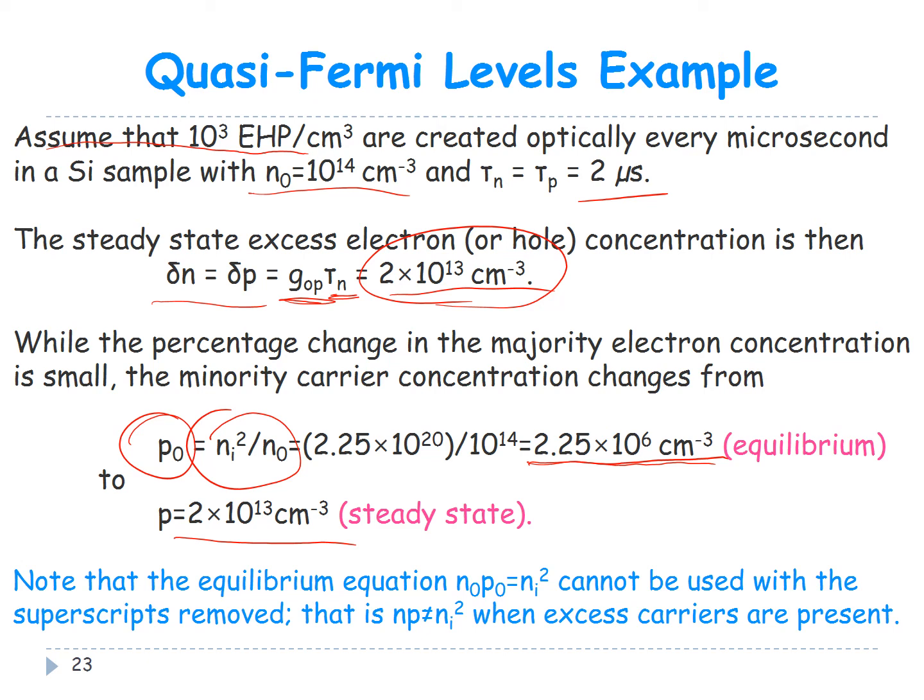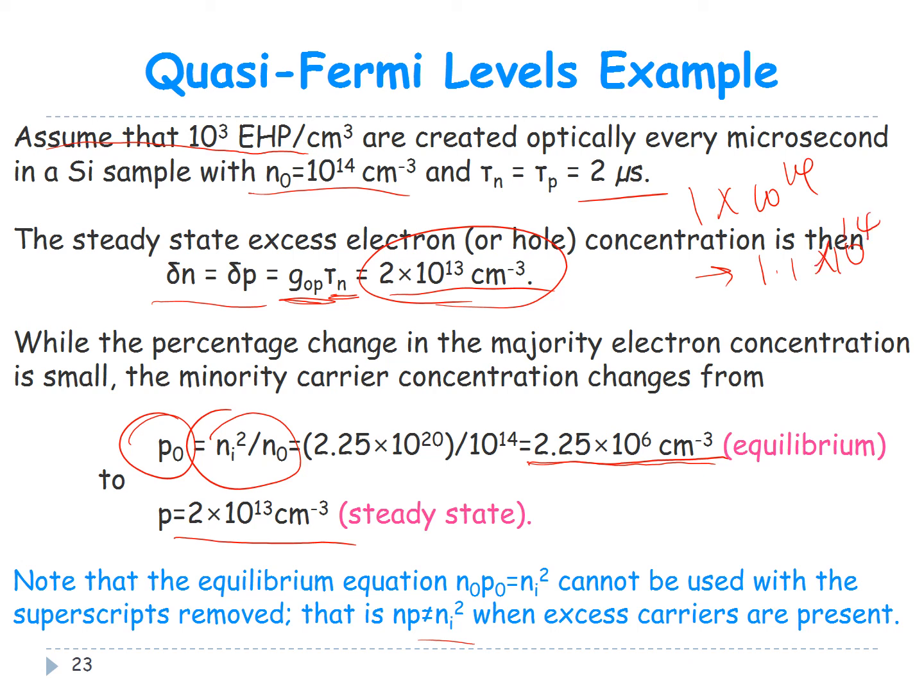Note that the equilibrium equation N naught P naught equal to Ni squared cannot be used with the subscripts removed. That is, N P is not equal to Ni squared when excess carriers are present. So what we learn from here is that the majority carrier concentration does not change a lot, because in this case it simply changes from 1 times 10 to the 14 to 1.1 times 10 to the 14.